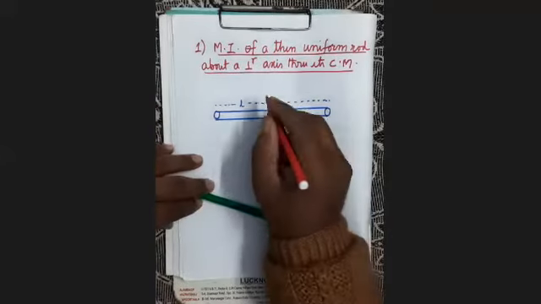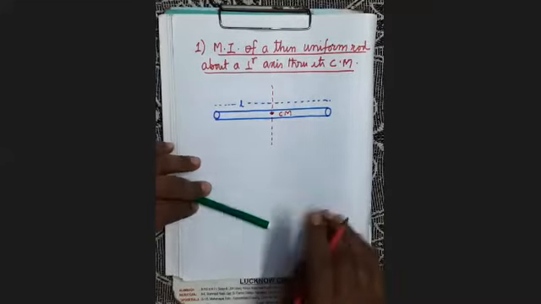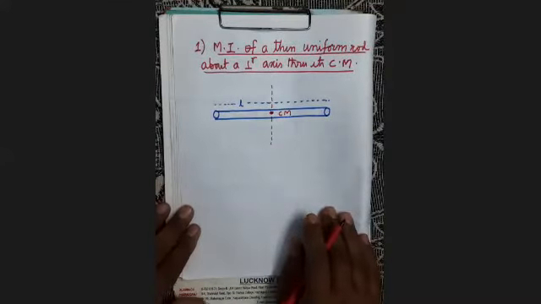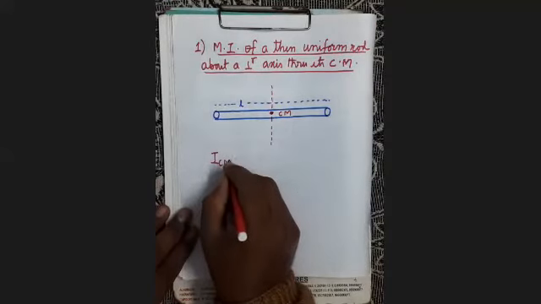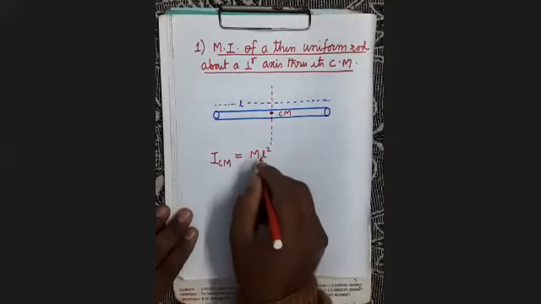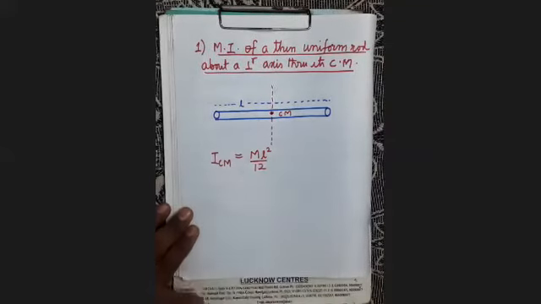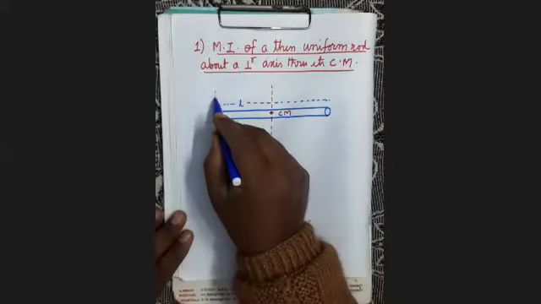So about this axis we have to determine. So what is the formula? Its derivation is not in our course. It will be ml square upon 12.